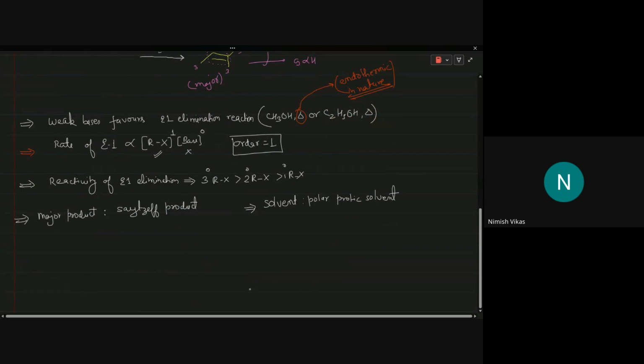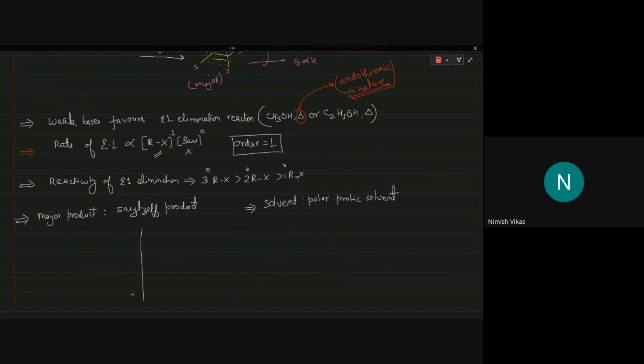Now, if you ask me about the graph of the E1 elimination reaction, if you want me to plot the graph, which graph am I plotting? The energy versus the progress of reaction. Since the reaction is endothermic, suppose the reactant is over here and the product is at a higher energy.